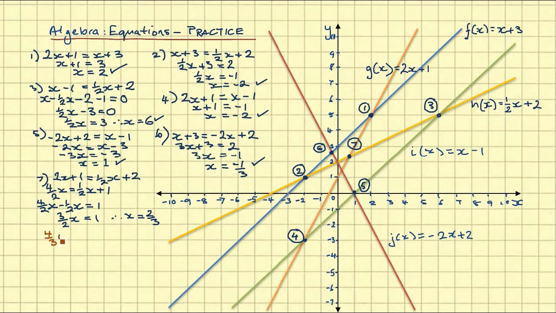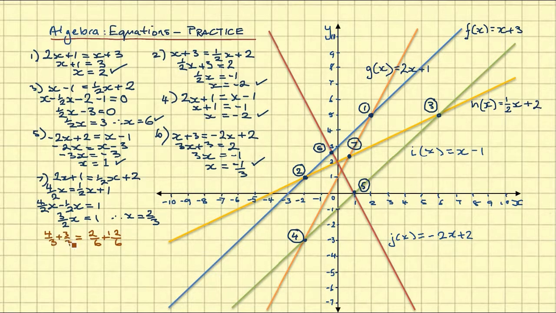We've got 4/3 on the left-hand side, plus 1, well, plus 3/3 then. And on the right-hand side, we've got half of 2/3, so we can write that as 2/6, plus then 12/6, so 2 equals 12/6.